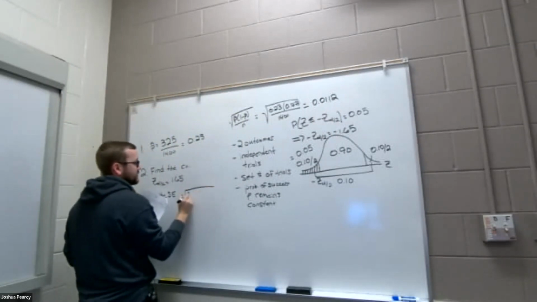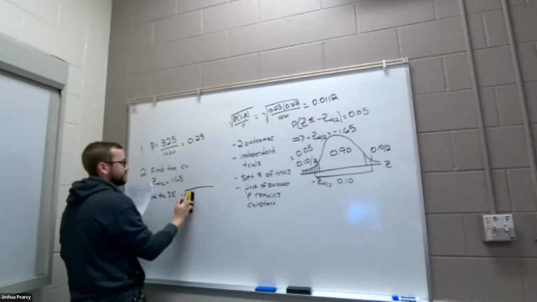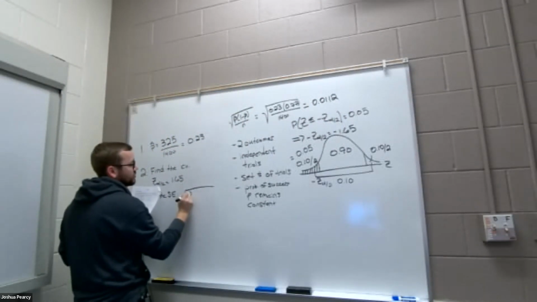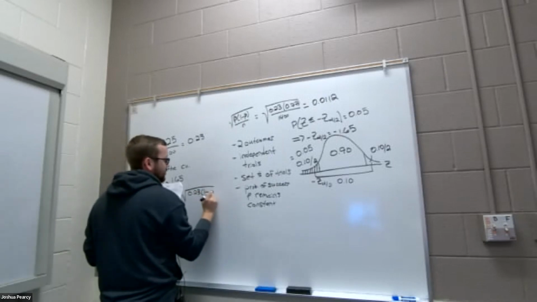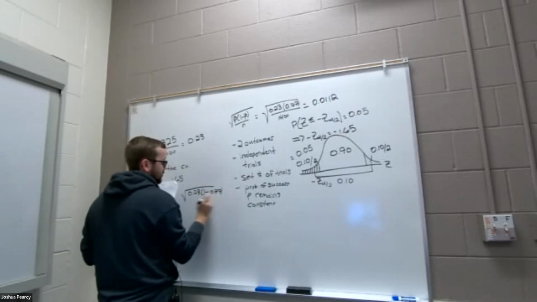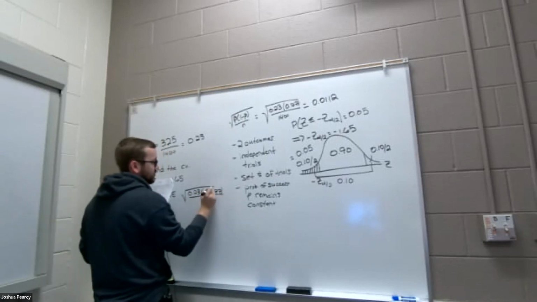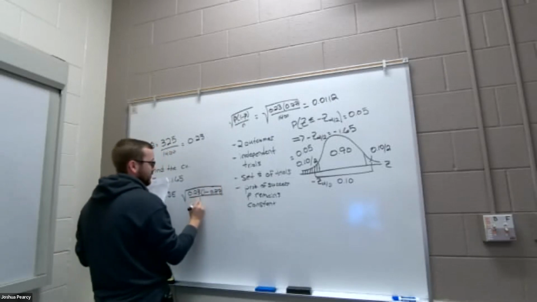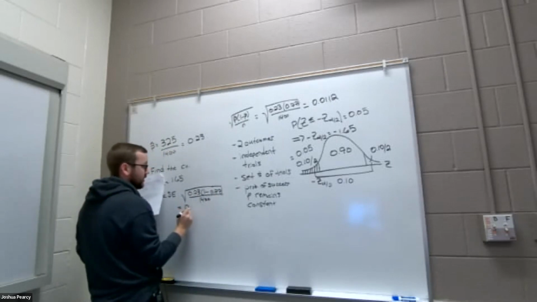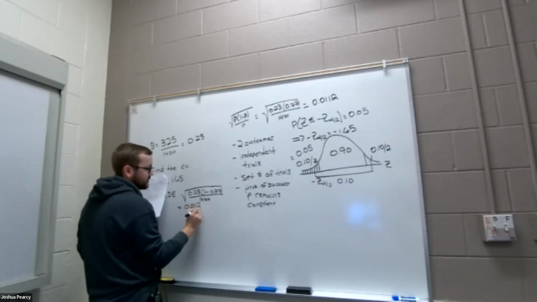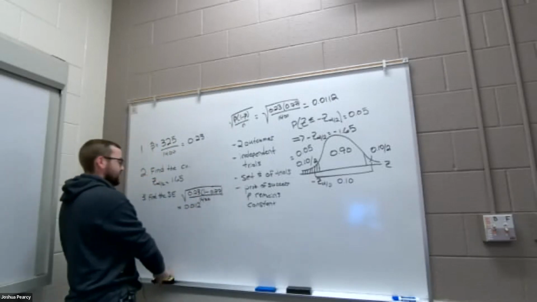So p hat, we'll just write it. One minus p hat, divided by n, which was 0.0112. What was the fourth step?